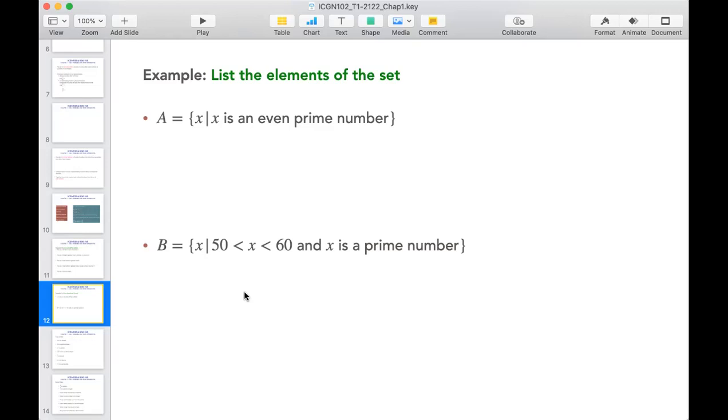So that means the value for x here is between 50 and 60. That means we exclude 50 and 60 from our consideration, and x must be a prime number too. So everyone do it by yourself. Tell me, what is the answer of this set?